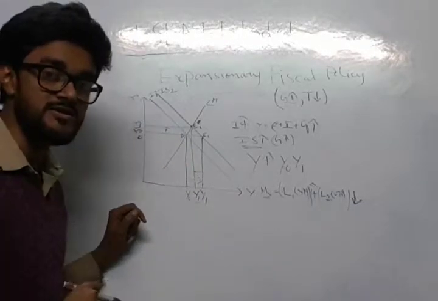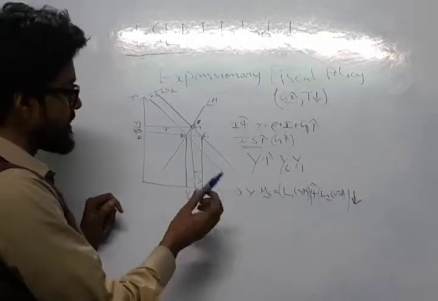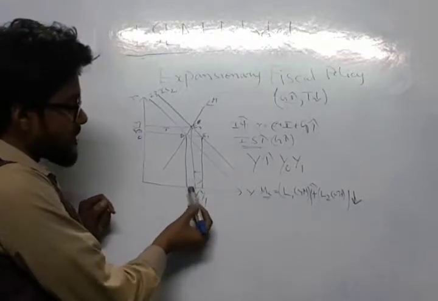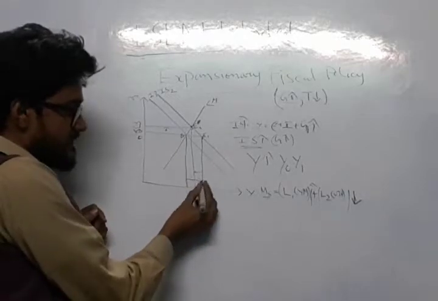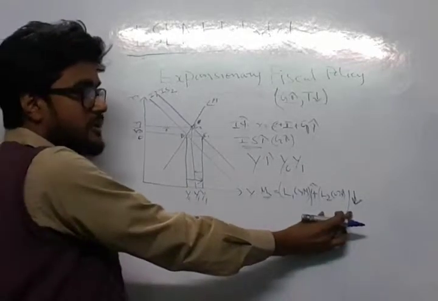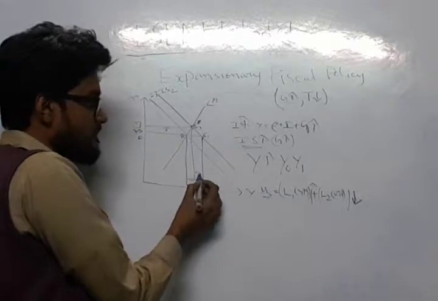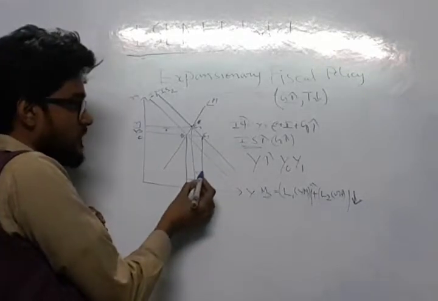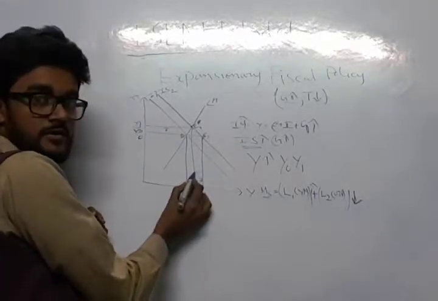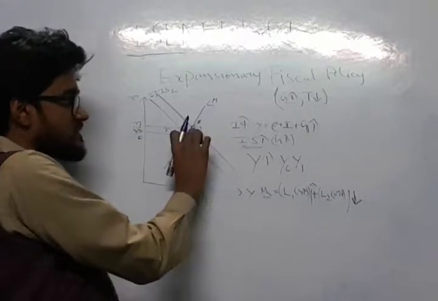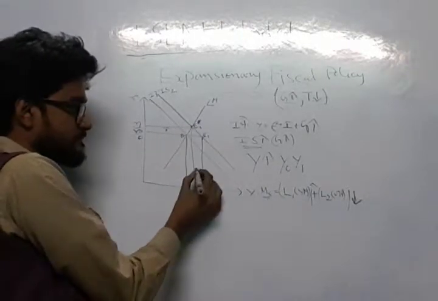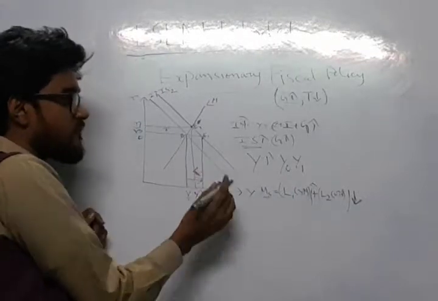As you can see in the diagram, initially the income increased from Y0 to Y1. Then due to the existence of the speculative demand part, the income goes down from this level to this level, and reaches this equilibrium. So income falls.